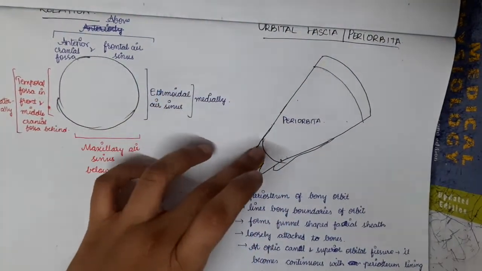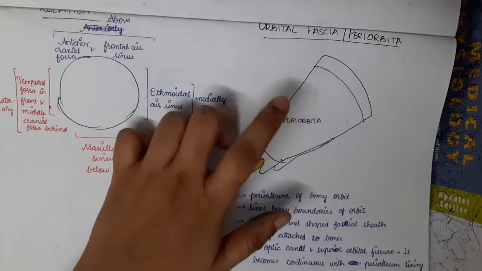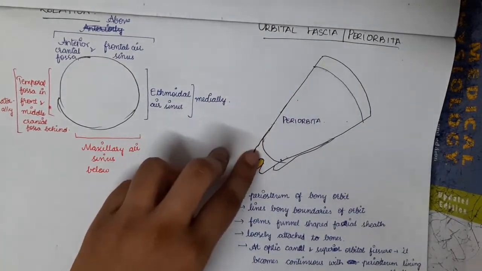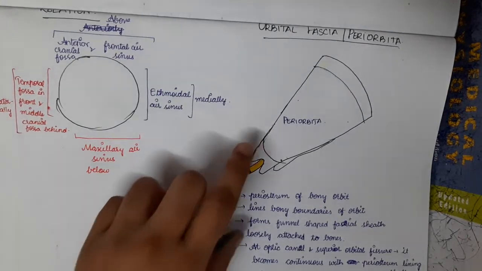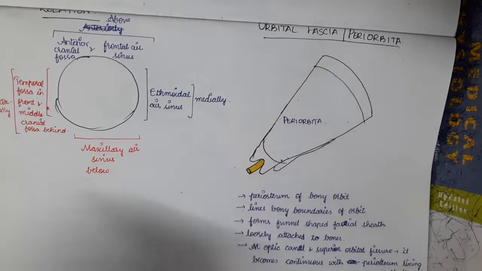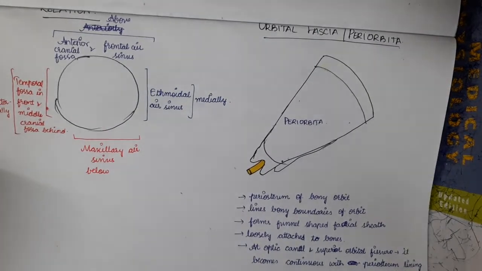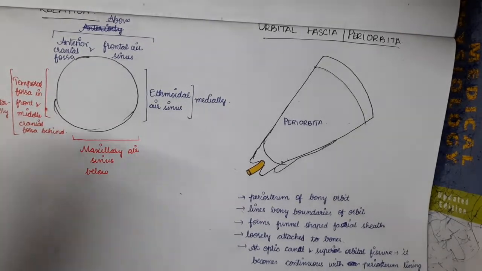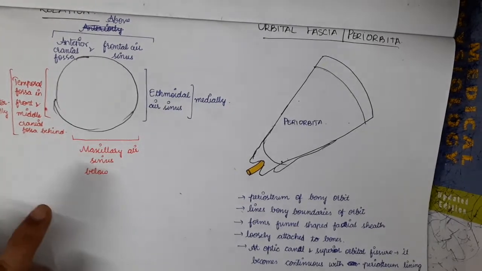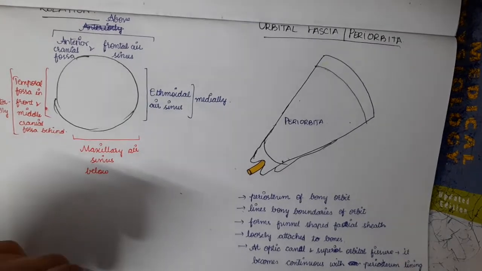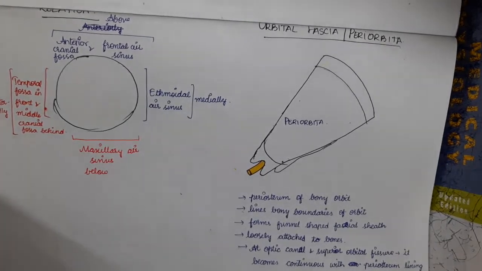This periorbita, or periosteum of the orbit, is loosely attached to the bones, and at the optic canal and superior orbital fissure, it becomes continuous with the periosteum of the skull, whereas at the infraorbital fissure and orbital margin also, it becomes continuous with the periosteum covering the external surface of the skull.